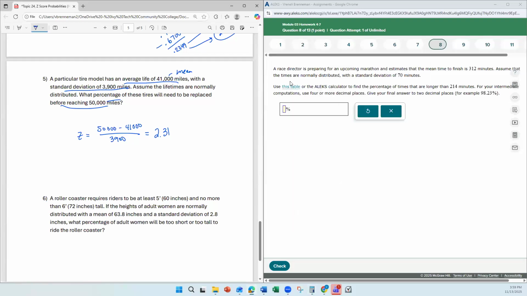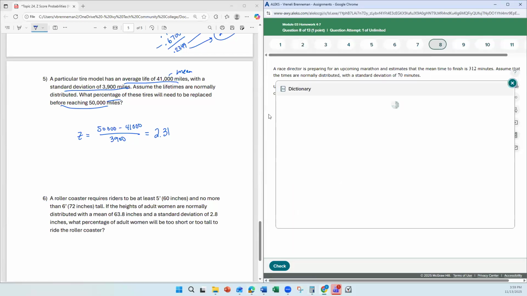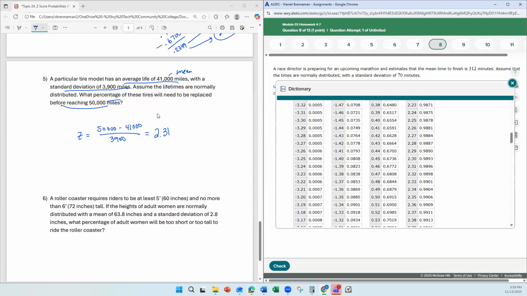I round to 2 decimal places because that's what I have on the table. So I go on my table, I find my z 2.31. Here it is. Area is 0.9896. That's the ones that are before 50,000. So that's the area that I want.